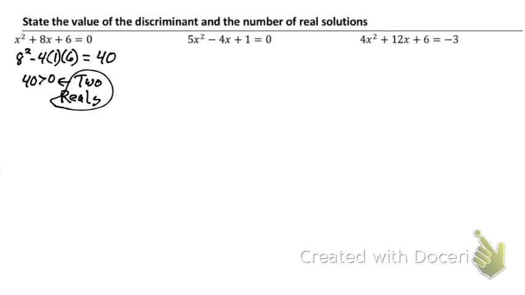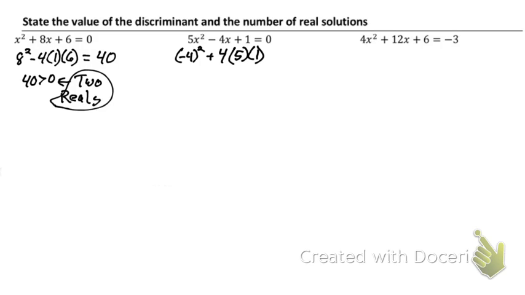Our next one is 5x squared minus 4x plus 1 equals 0. It's set equal to 0. So we're going to go b squared, which would be negative 4 squared, minus 4ac, times 5 times 1.